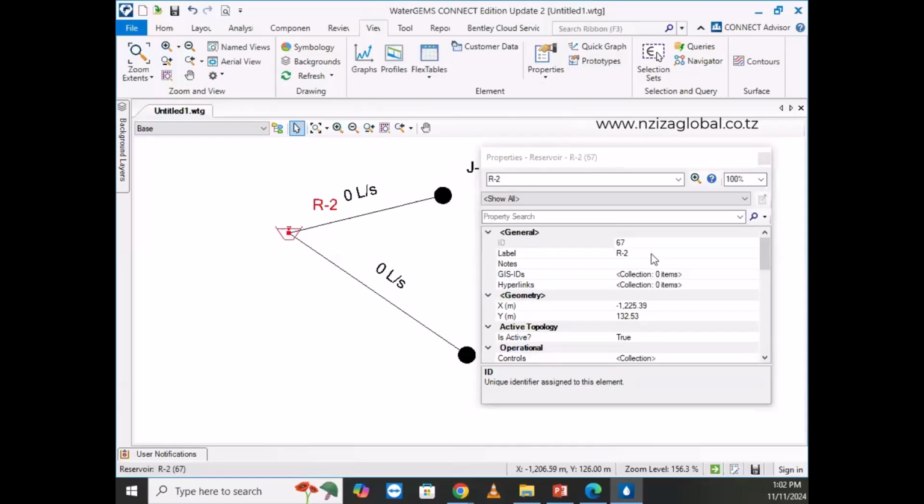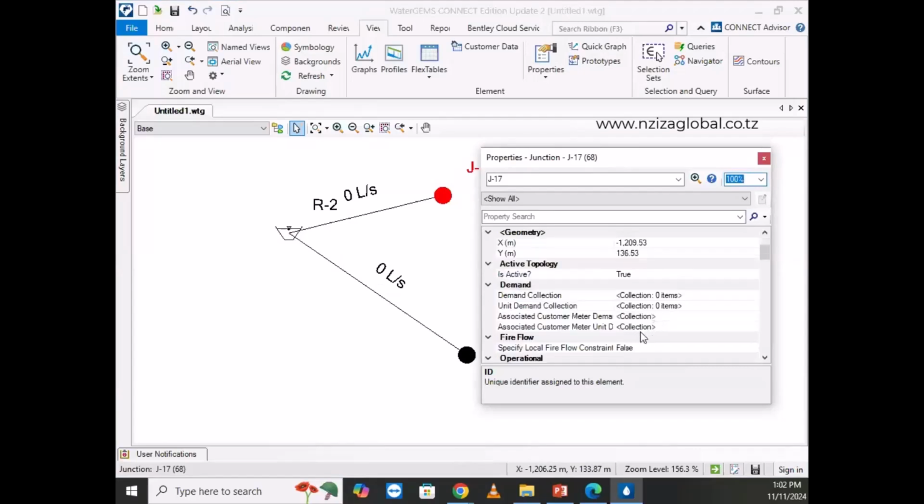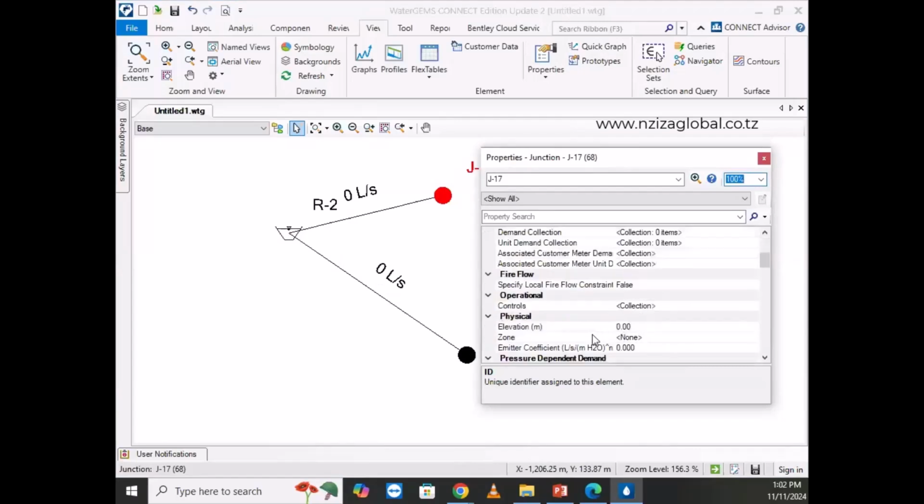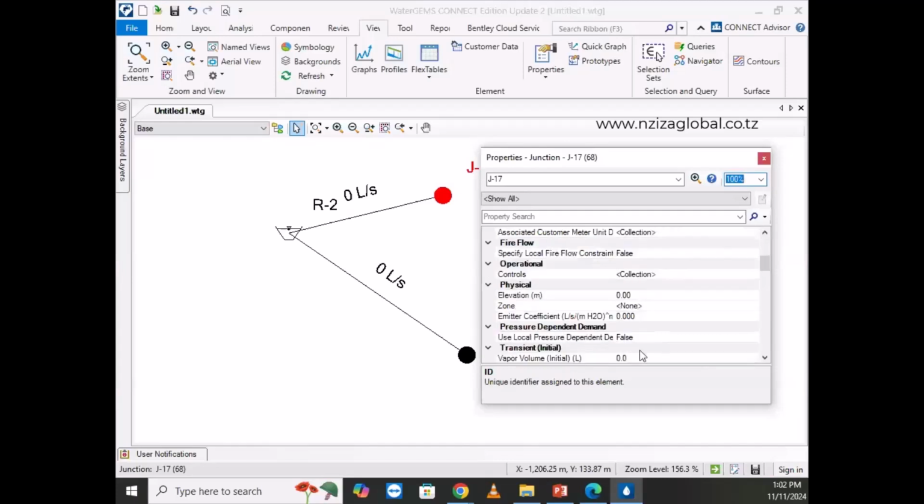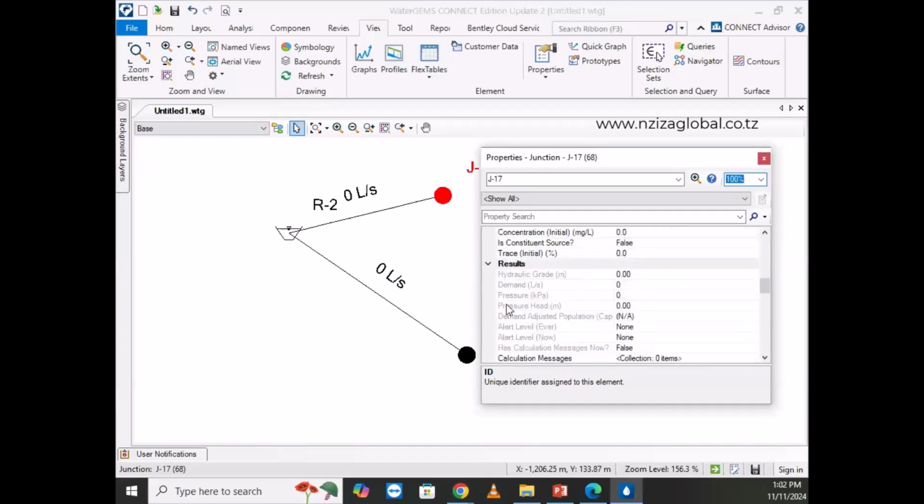But this is a quick find. So by clicking here, you will find the junction. The label is this one, X, Y, and Z is this one. The elevation is this one. Everything that can be shown as a property, the pressure, the demand, everything can be shown here.